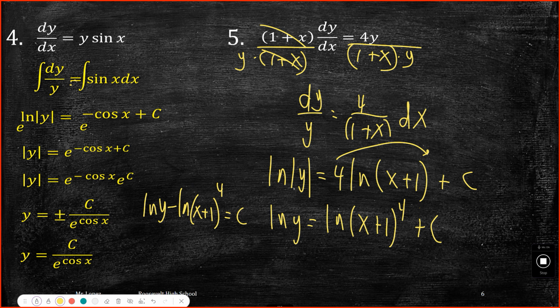What's another property of logs? You guys remember? What is this when you have ln of x minus ln of y? How do you rewrite ln of x minus ln of y?